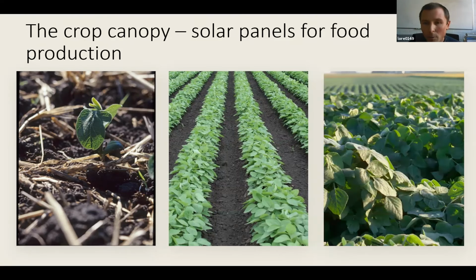And so ideally, when plants are fully developed, across an entire field, of course, the crop canopy would cover the entire land so that no sunlight is wasted hitting the ground, and it's all being captured and converted into structural carbohydrates that eventually would give rise to the plants that give rise to the food that we want to harvest from that land.